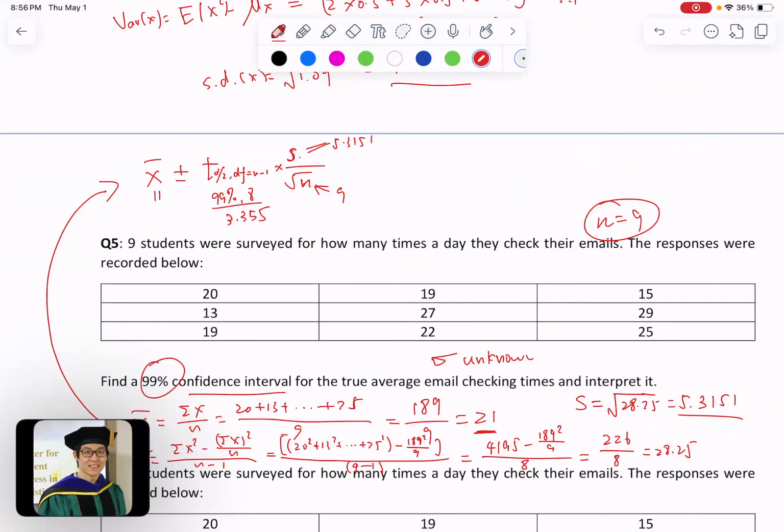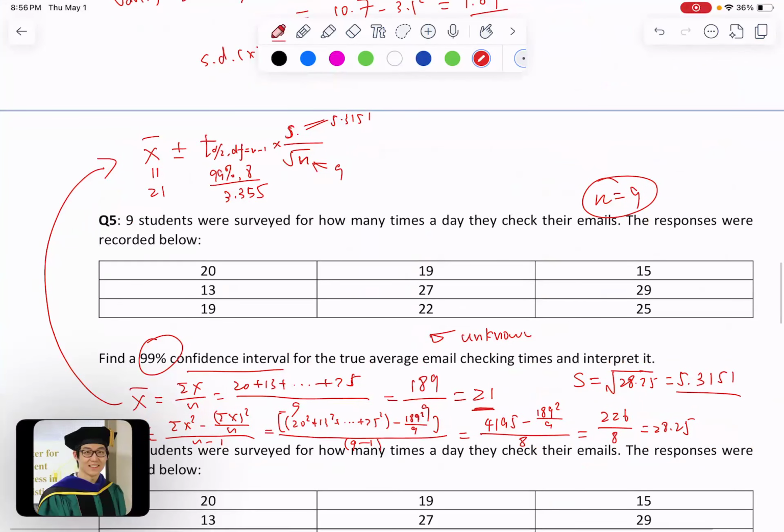So x bar is 21. So what we have is 21 plus or minus 3.355 times 5.3151 over square root 9 is 3, right? So margin of error E is 3.355 times 5.3151 over 3.